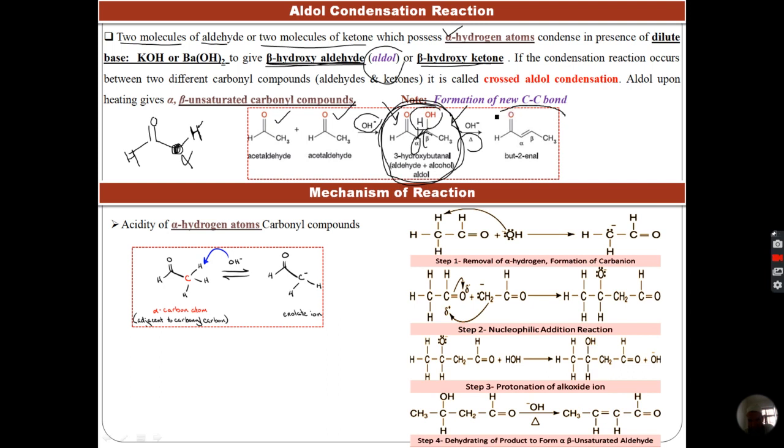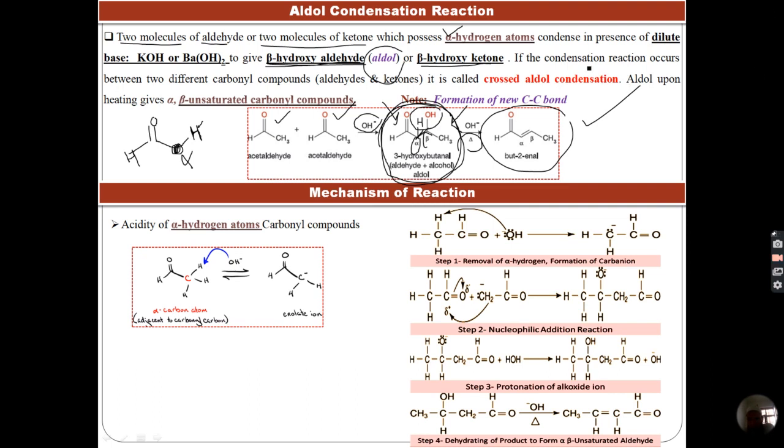So the product is this one, final alpha beta. Since it has a double bond, it is unsaturated, an alpha beta unsaturated carbonyl compound. So the final product after we heat this beta hydroxyaldehyde is the alpha beta unsaturated carbonyl compound. So this is in general your aldol condensation.